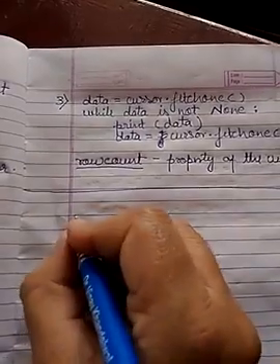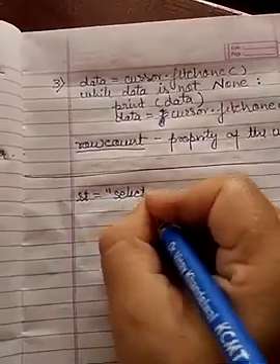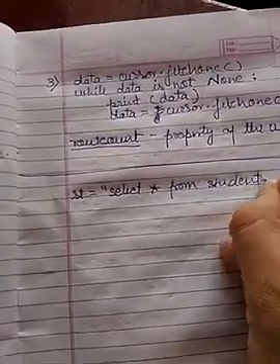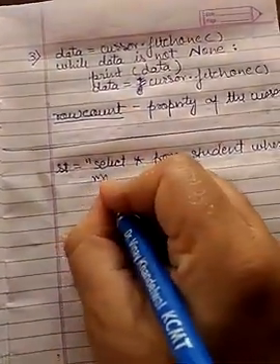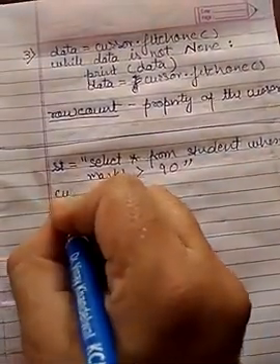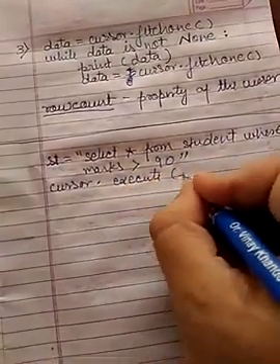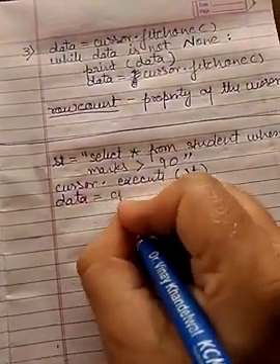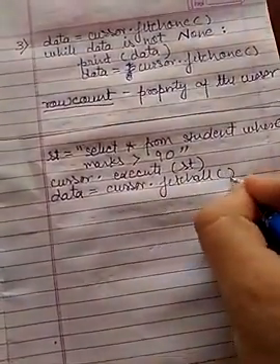Suppose we have written the statement select asterisk from table name where condition marks greater than 90. cursor dot execute statement, data equal to cursor dot fetchall.